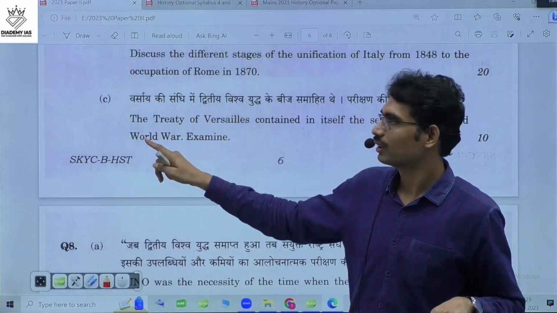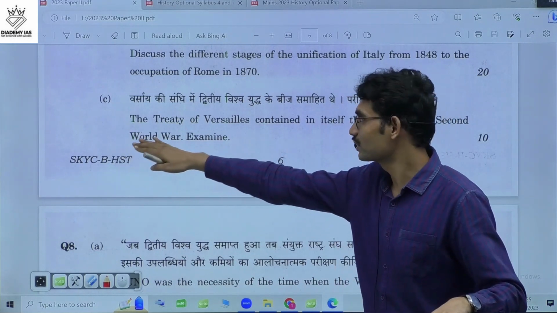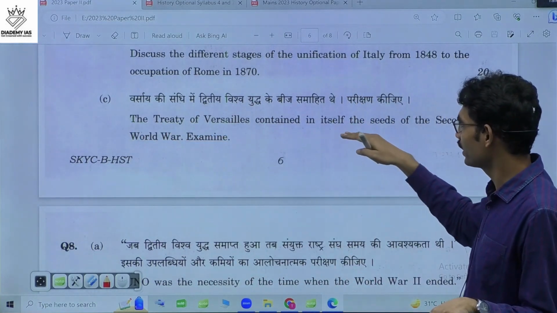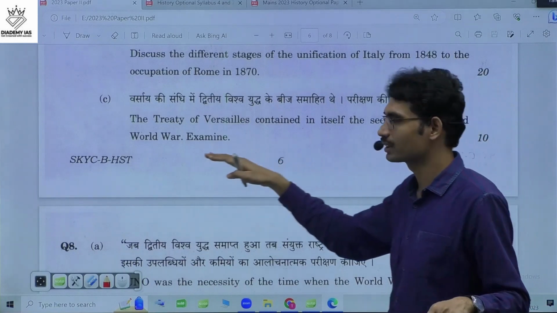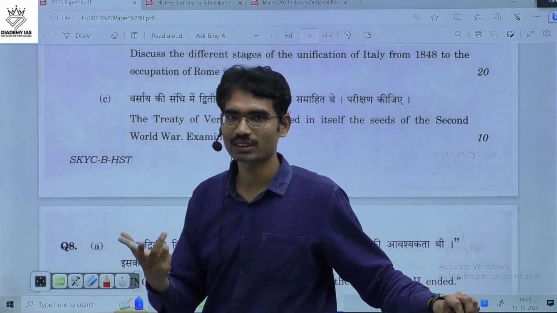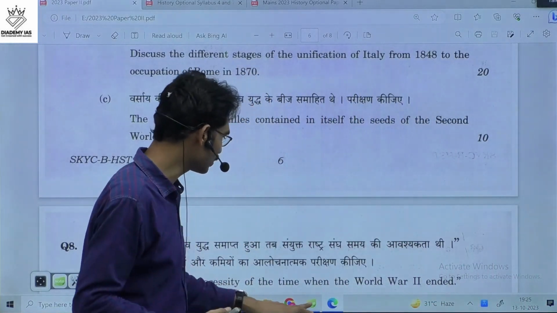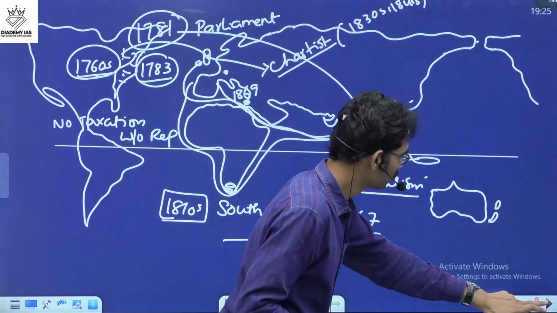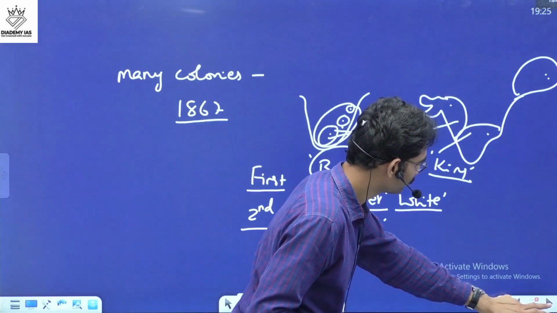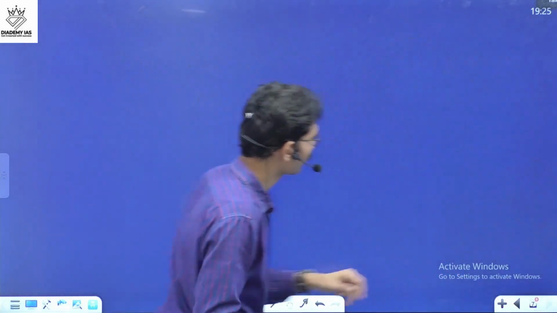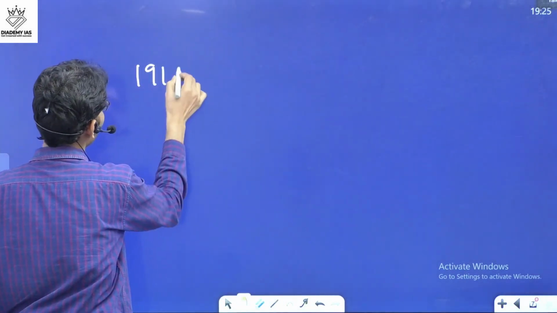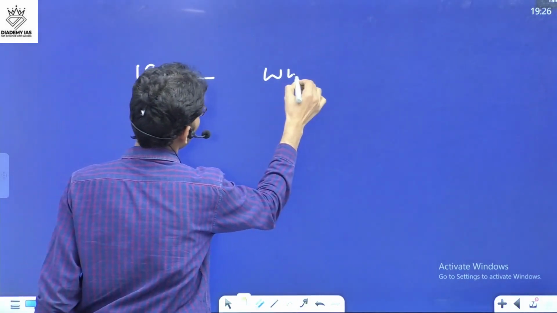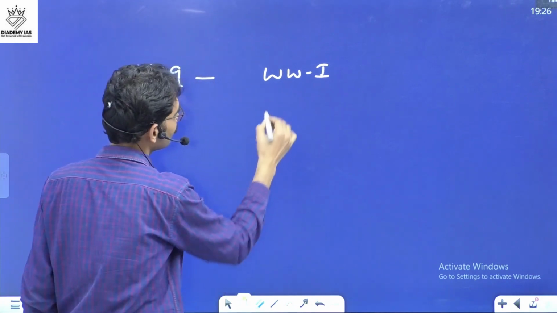Here, Norman Lowe's book itself contains this: the Treaty of Versailles contained in itself the seeds of the Second World War. The Treaty of Versailles happened after the First World War. In 1919, World War I concluded.